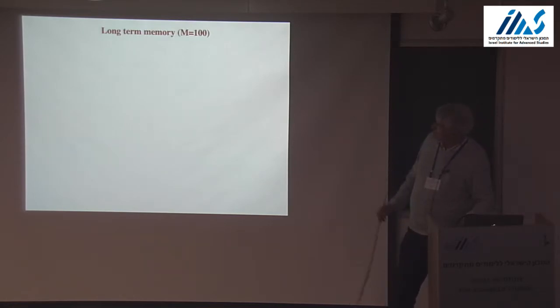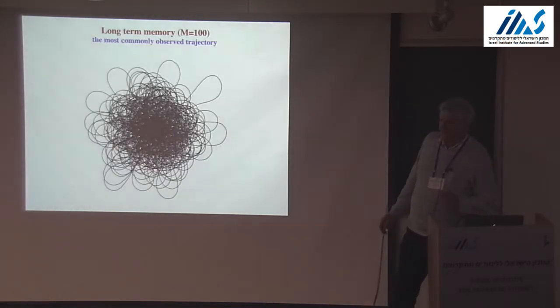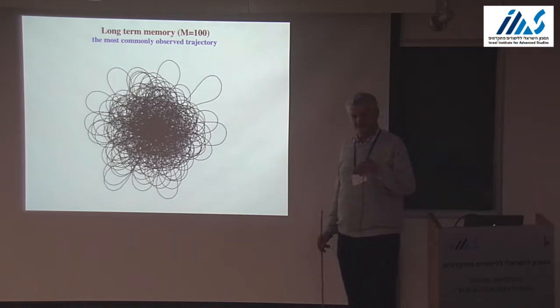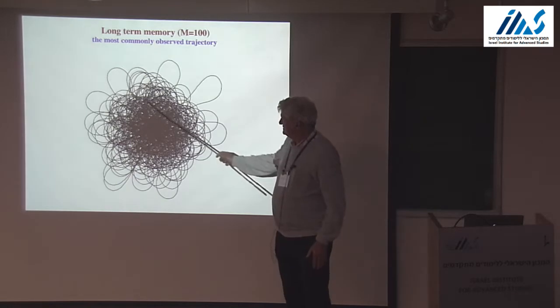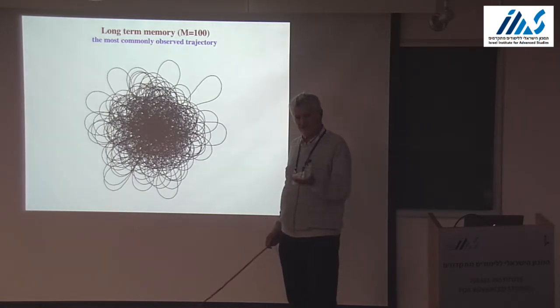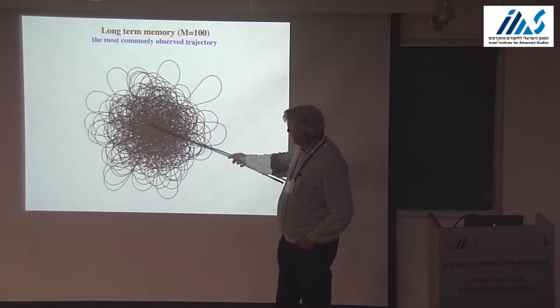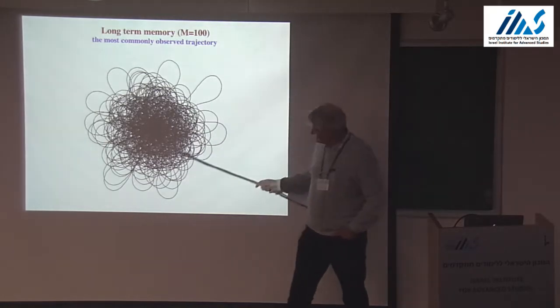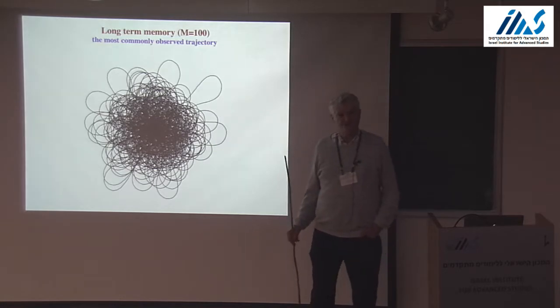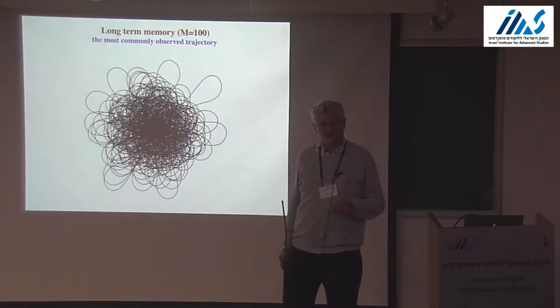Well, with long-term memory, you get typically this. You have this quite circular orbit. You tune up the Faraday forcing. The waves are sustained during a longer time. And as you see, if you do nothing special, generically, the trajectory becomes strongly chaotic.